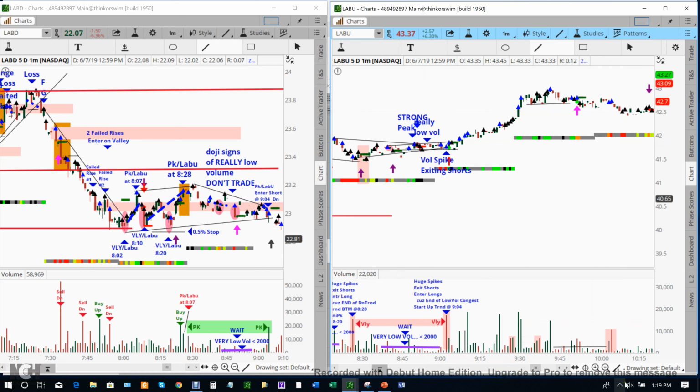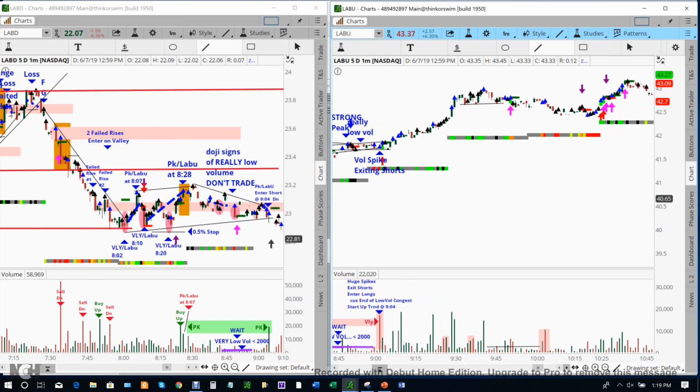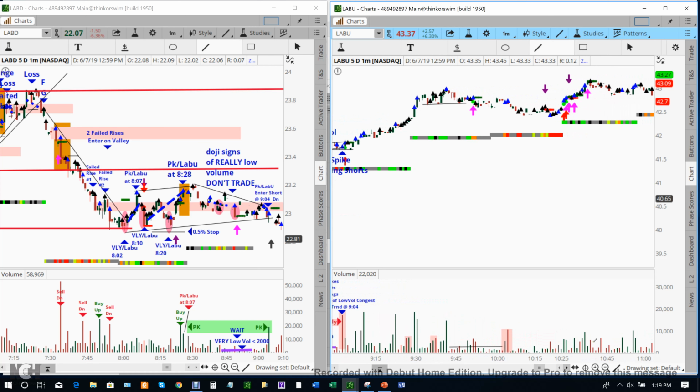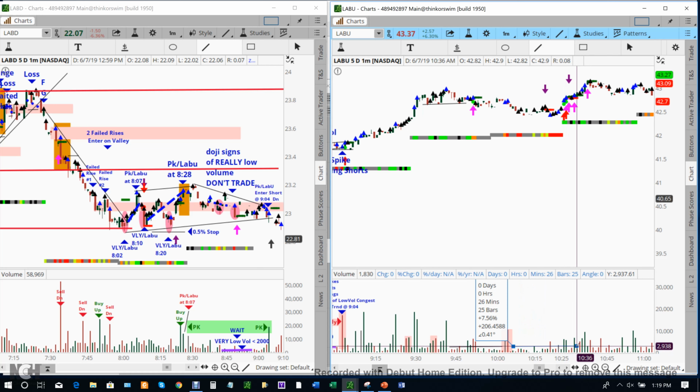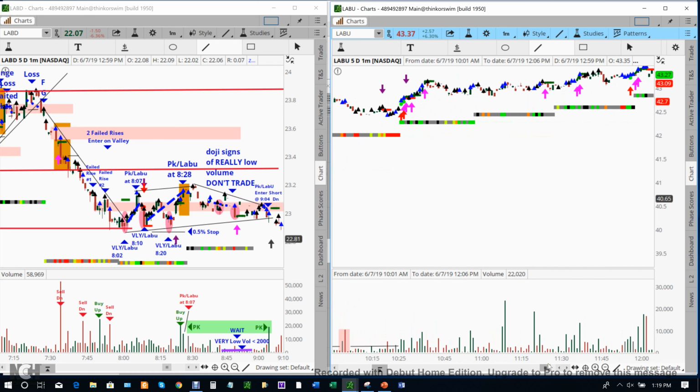So we can look at a little bit more. So again, we have low congestion. I don't know if it ever gets above that.